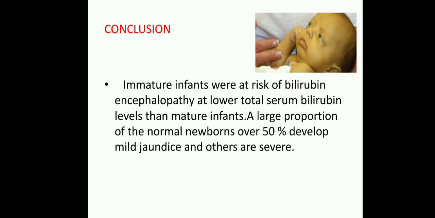In the RBC there are only two portions, heme and globin. The heme is responsible for the bilirubin. What happens here is the breakdown of the RBC, so the bilirubin is not converted, and the baby has neonatal jaundice.